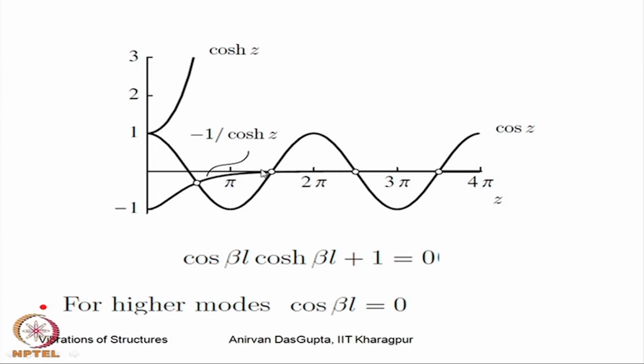These two functions have been plotted, and the intersections of these two functions are marked by these unfilled circles. These are going to give us the circular natural frequencies for our cantilever beam. So, let us see what we have done.